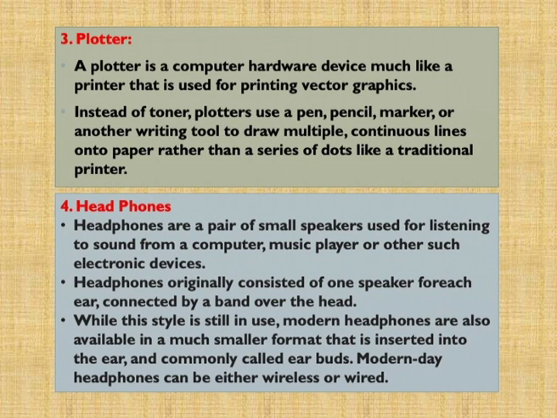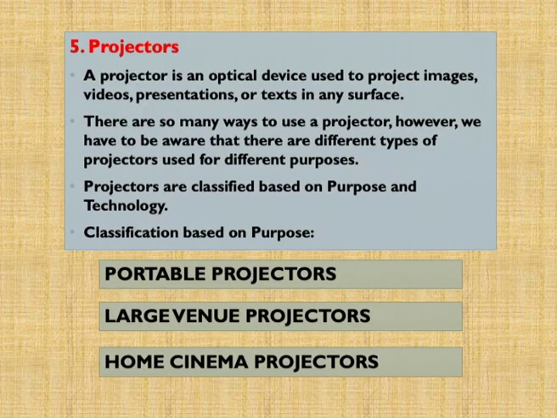Headphones are nothing but a pair of small speakers which we can plug into our ears, and they are connected either using Bluetooth technology to your device, or we can connect them through a wire cable. Next type of output device is a projector. Projector basically is an output device which can act as an alternative for your monitor.